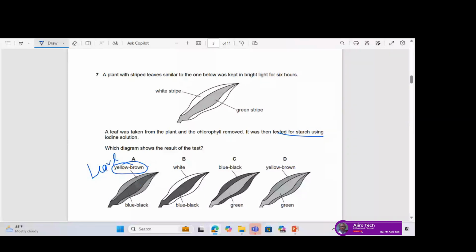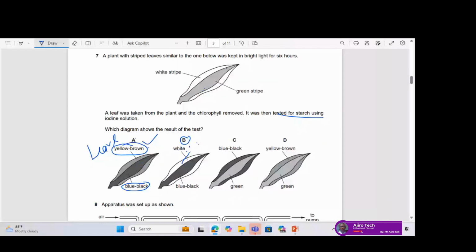But the part that has chlorophyll, which is the green stripe, will turn blue black. That's why A is the most appropriate answer. B would be wrong because the white part, when you apply iodine, will not stay white. It will remain yellow brown. So you are very correct picking A. That's what I wanted to be sure of, and you did well picking the right answer.